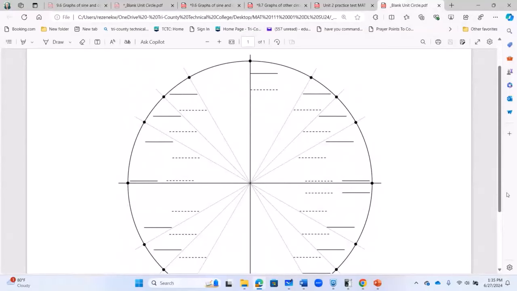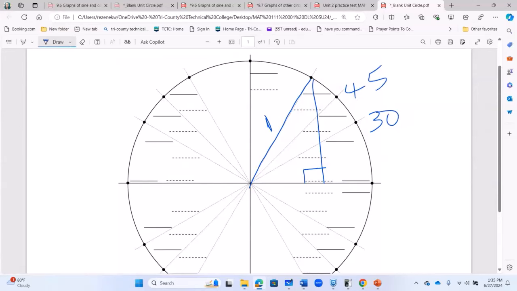All right, so this is a unit circle, and the hypotenuse is 1, and this is an angle. And if you look at this one, this is 30, this is 45, this is 60, and I don't have to start at 60, but I just want to use 60.